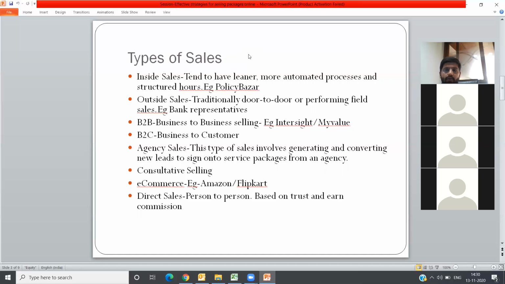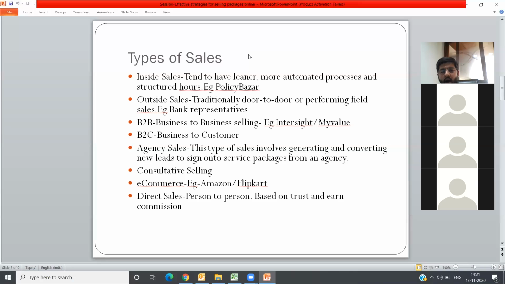Like if someone has to sell medicines to a pharmacist, they should have proper knowledge of the salt, and they'll be giving consultation to the doctors and pharmacists to sell their products, like machines and medicines. So in this one, you should have a very good depth of knowledge. Then only you can do consultative selling. It is not like after a week of training you can sit and do consultative selling. You should have done the study for that.